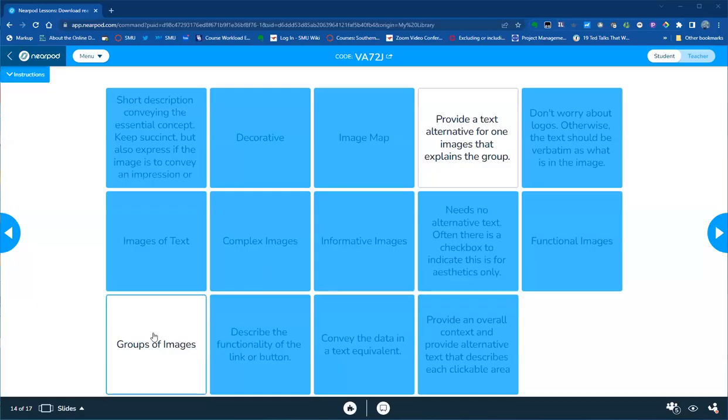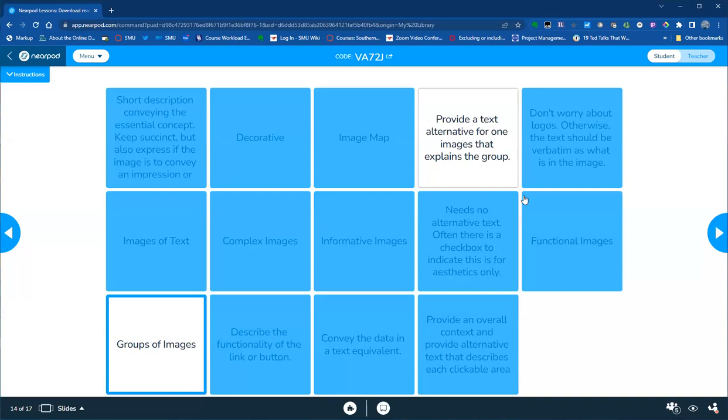And then we have our group of images. A lot of times when we have that group of images where someone has used several images to make one bigger image or to convey one bigger thought, it's really distracting to provide alt text for each one of those little images.